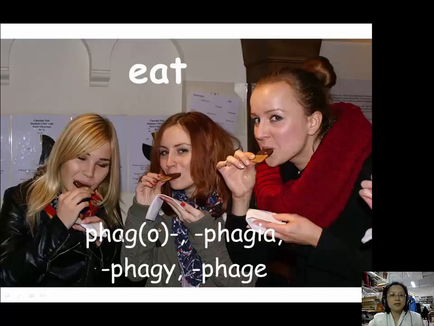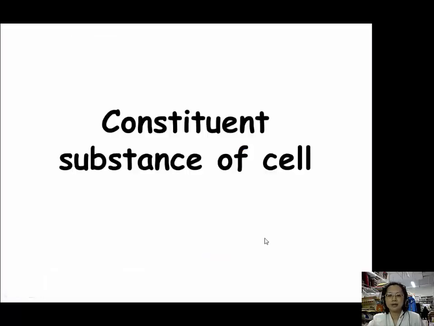The prefix is phago, P-H-A-G-O, and the suffixes are phagia, P-H-A-G-I-A, phagy, P-H-A-G-Y, and phage, P-H-A-G-E. The suffix phage is frequently used for an organism or a cell, and phagy is a phenomenon, and phagia is also a phenomenon, but it's more like the abnormal one.